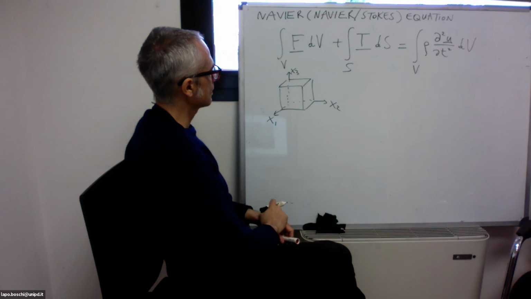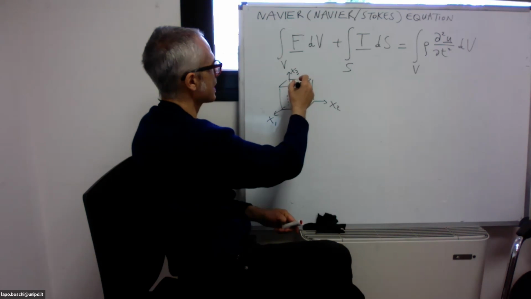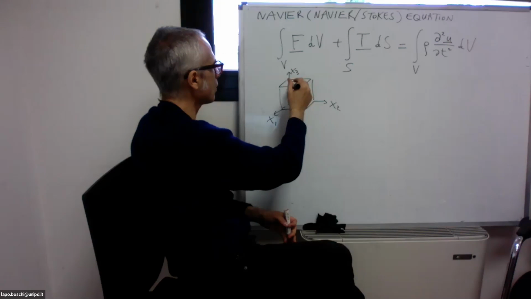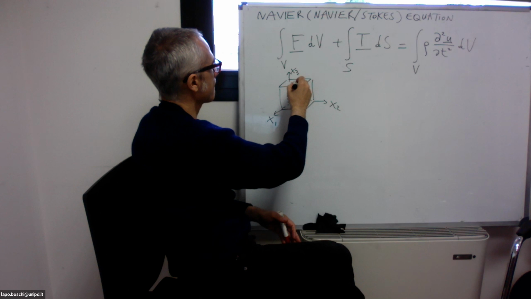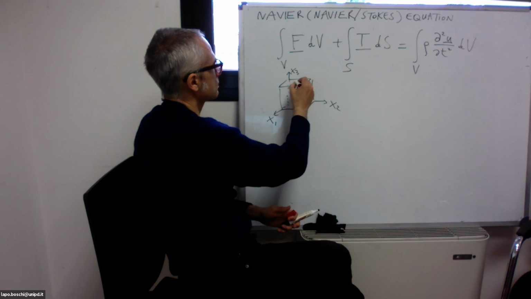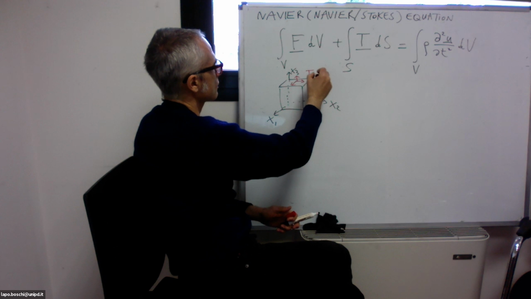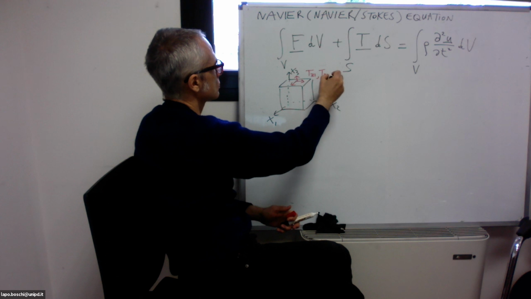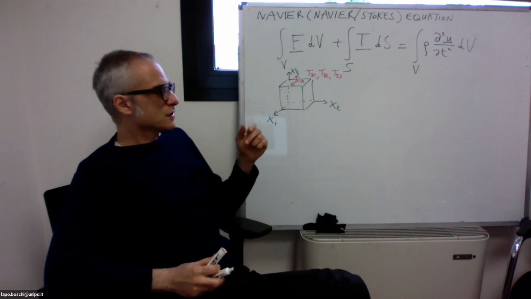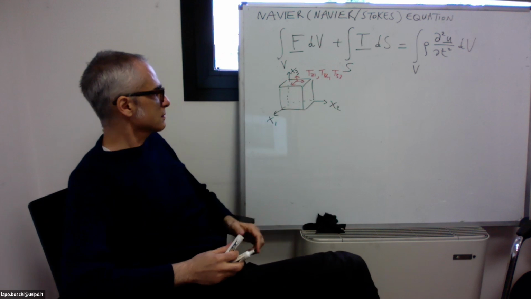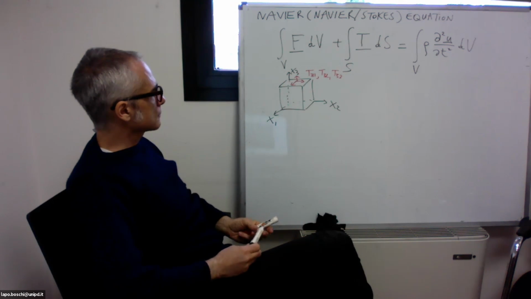So if this is x3, it makes sense to call this the face number 3, and so I can call T31, T32, and T33 the 3 components of the surface force that acts on the face number 3, and so on and so forth.